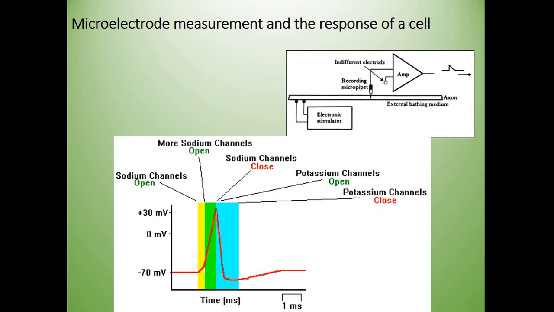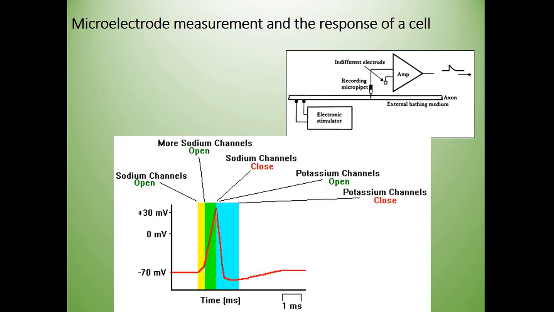There may be chances that the potentials may not be brought to the original condition instantaneously, but there may be a few after potentials during which this resting phase is reinstated inside a cell.